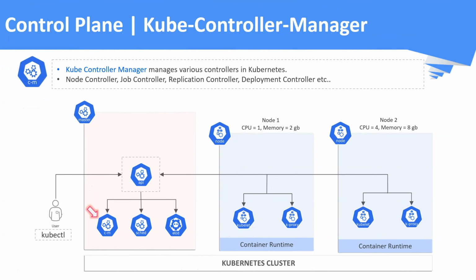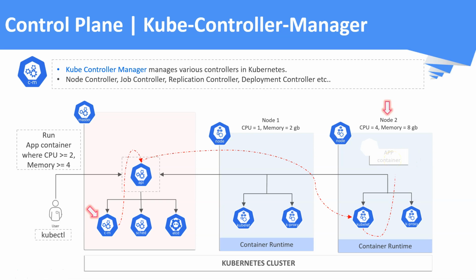It is the controller manager who is going to execute these jobs. Let us see how. In our example, the scheduler has scheduled the pod to the correct node. Now, after scheduling, the controller manager interacts with the API server, which in turn requests the kubelet node agent to create and run the pod.